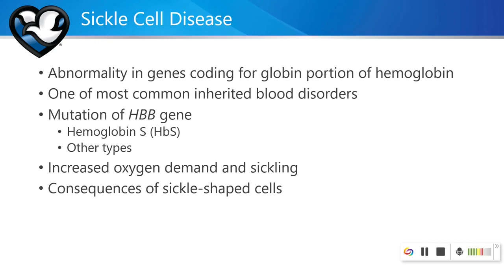And while this mutation of HBB can cause different abnormal hemoglobin, one of the clinically significant types is hemoglobin S. And when hemoglobin S is deoxygenated, it undergoes polymerization, which causes red blood cell injury and changes the shape of the red blood cell into a sickle. This change leads to red blood cell dehydration, further worsening the polymerization.